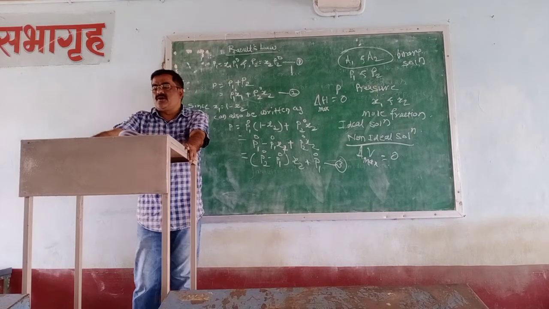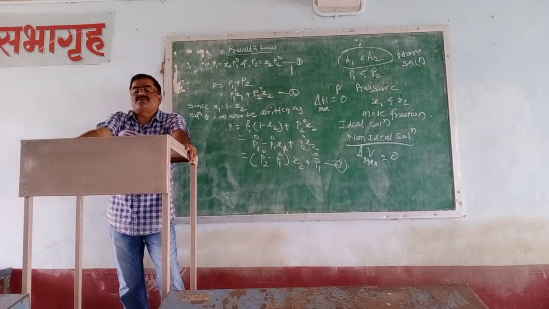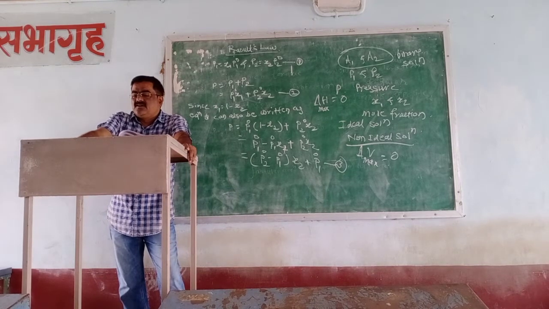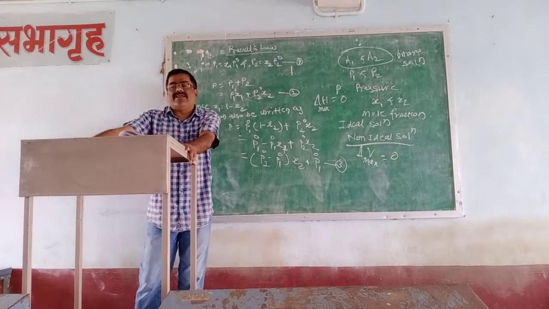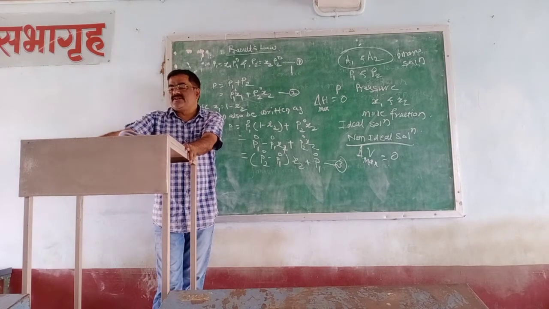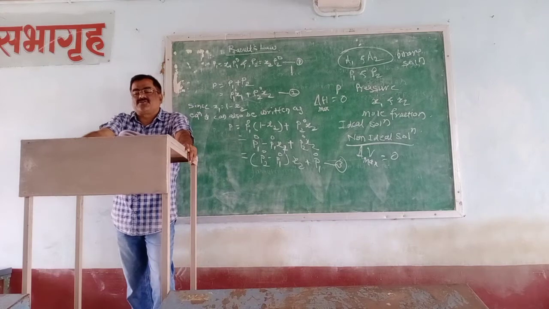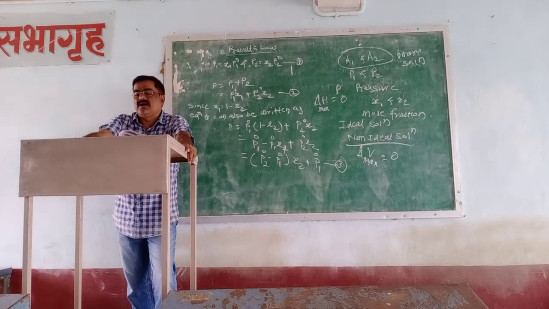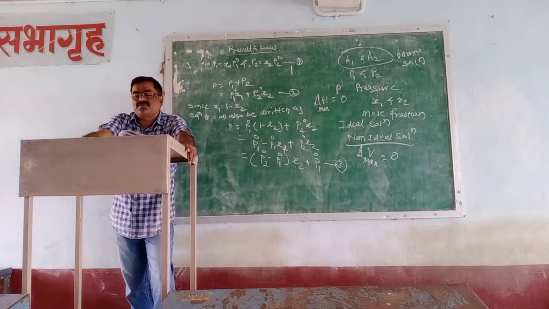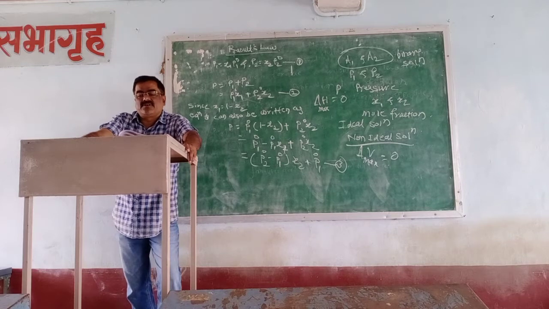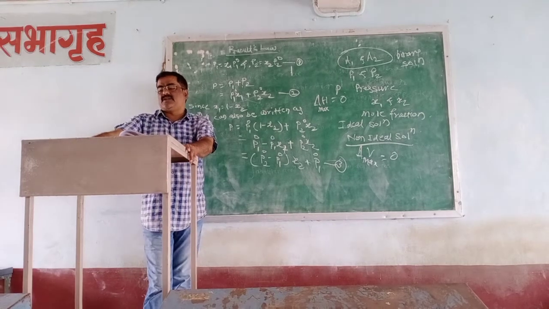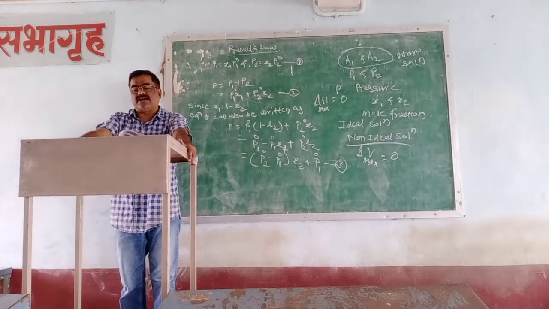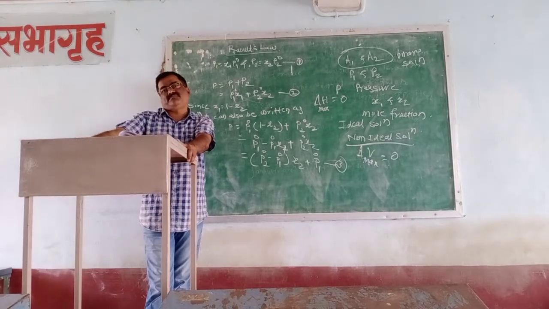These solutions show two types of deviations from Raoult's law. A solution in which the solute-solvent intermolecular interactions are weaker than those between the solute molecules and between the solvent molecules exhibits positive deviation, and the vapor pressure of such solutions is higher than those of the pure components.